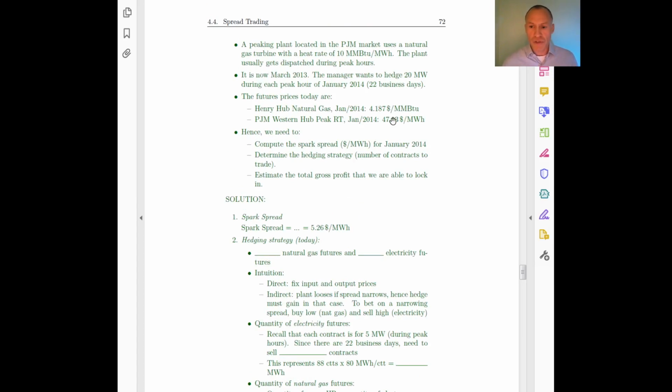The cost of generating 1 unit of electricity depends on the efficiency or the heat rate of the plant, which is 10 times the price of gas, which is 4.187. So this times 10 gives me 41.87, and therefore the difference between 47.13 and 41.87 is this spark spread that we see here, 5.26.